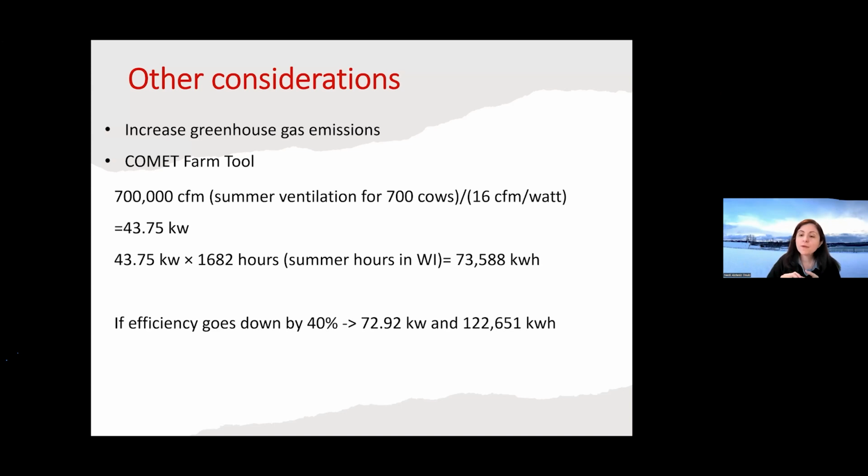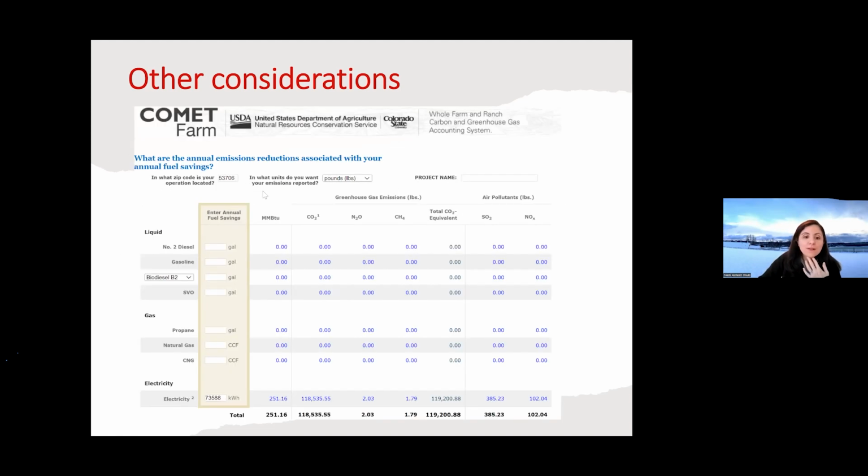Another thing that will go up is the greenhouse gas emissions. Now I am explaining the relationship between the greenhouse gas emissions and the ventilation rate. There is a tool called the COMET-Farm tool. We can enter the amount of electricity we consume just for our ventilation fans based on our calculations.